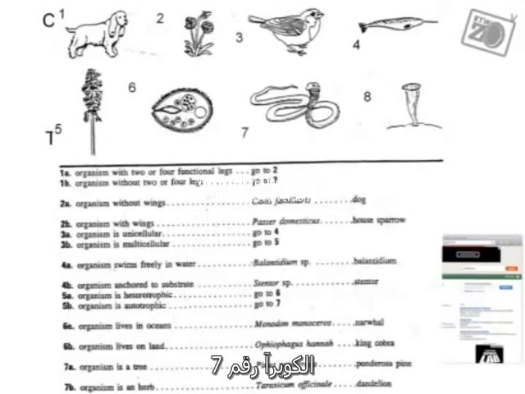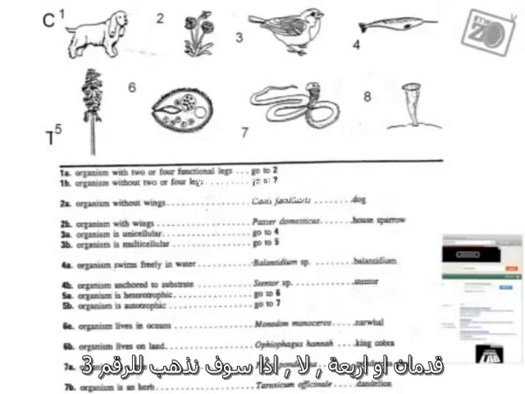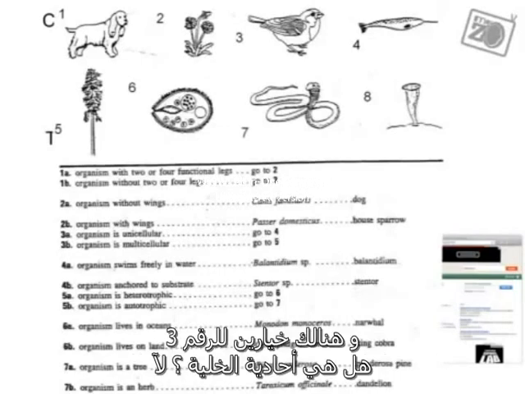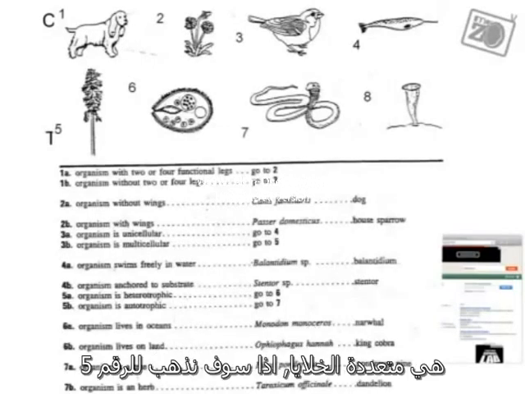So each time you're going to ask a series of questions or statements for each one. So let's say we choose the king cobra, okay, or the cobra there in number 7. So we look at number 1, and 1A and B, the two choices, dichotomous. And it says 2 or 4 legs, okay, nope, so we go to number 3. Now we have two choices for number 3. Is it unicellular? Nope. It's multicellular, so we go to number 5.